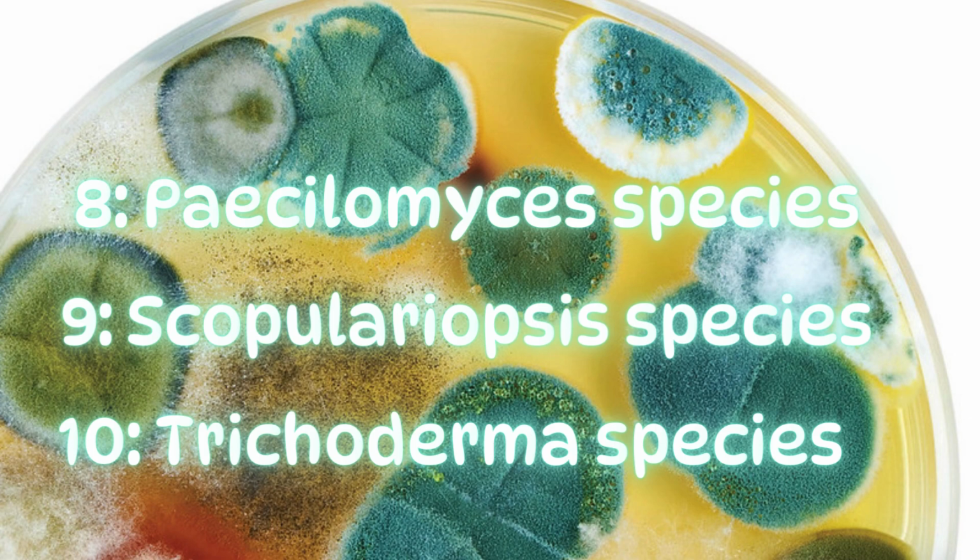Infrequently involved in disease, they may occasionally be implicated as causes of things like nail infection, keratitis, and sinusitis, often in immunocompromised patients. Paecilomyces has a yellow-brown or lilac colony. Scopulariopsis is usually a light brown or tan, and Trichoderma has a colony that resembles a lawn with various green patches.